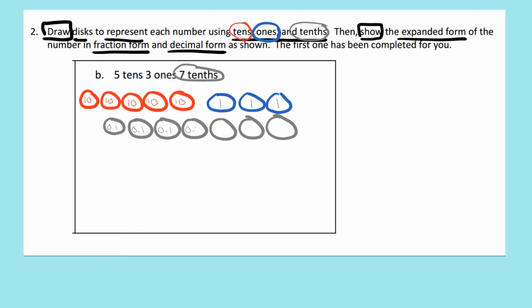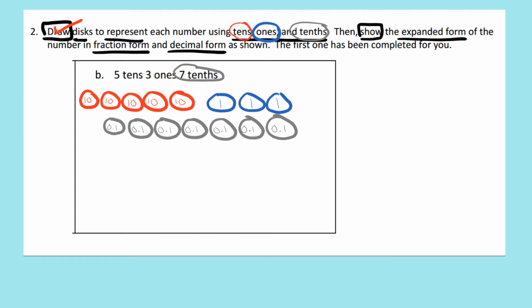Notice that I had to make my discs large enough so that I could easily write inside them and someone can read what I wrote inside. It's not smushed. So far, I've drawn the discs. My next action word is to show the expanded form in fraction and decimal form.